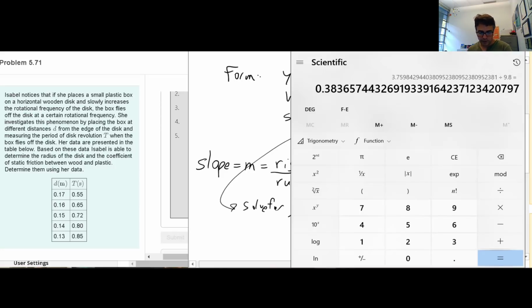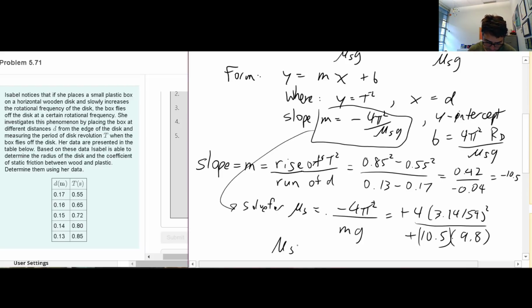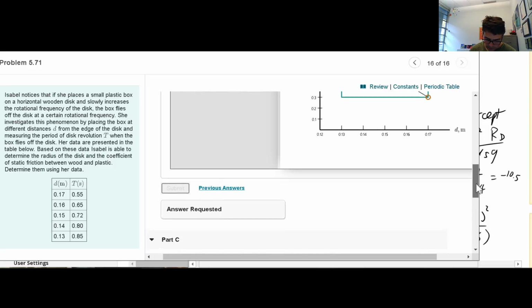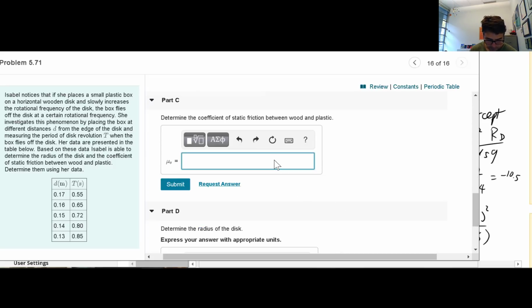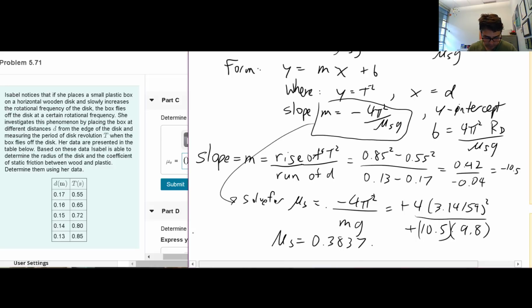And I got 0.3837. That's good. So let's put between wood and plastic 0. Let's do it in 2 significant digits. 0.38.